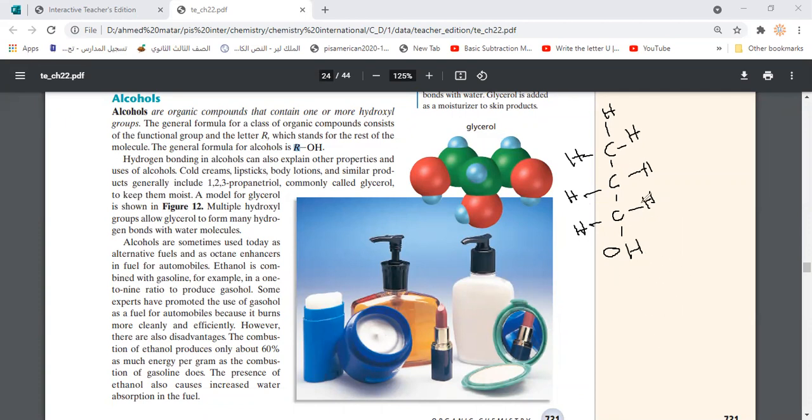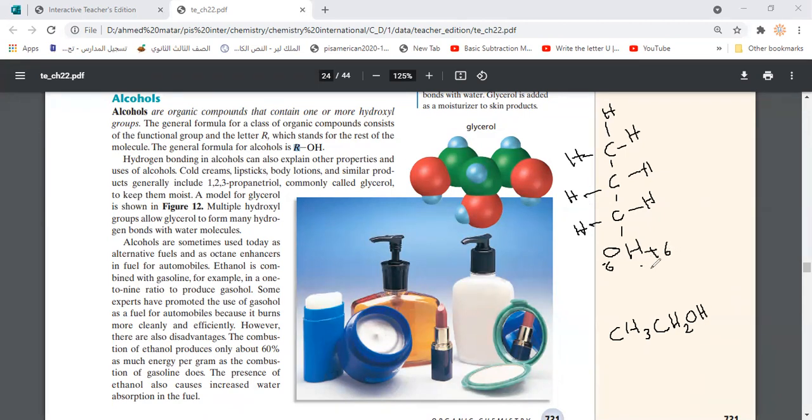Once we have another molecule, the same as this one, you can find that this OH is polar. That means the oxygen is partially negative while the hydrogen is partially positive.